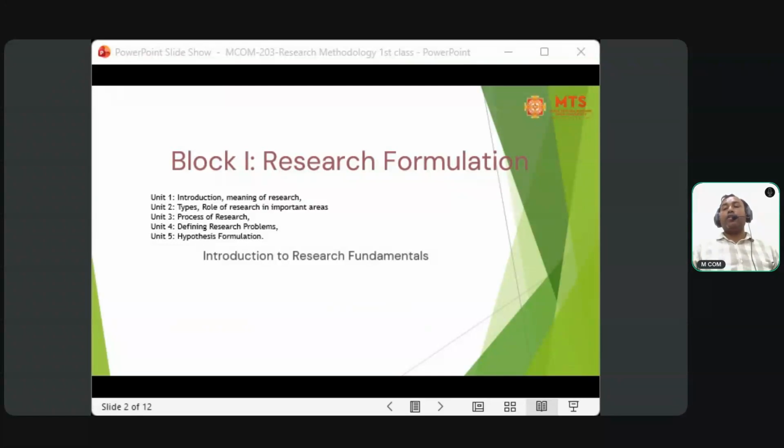This calls for the use of strict procedures and impartiality. Empirical data obtained by measurement, experimentation, or observation is the foundation of research. And purpose and aims: research has a purpose and is guided by certain aims.